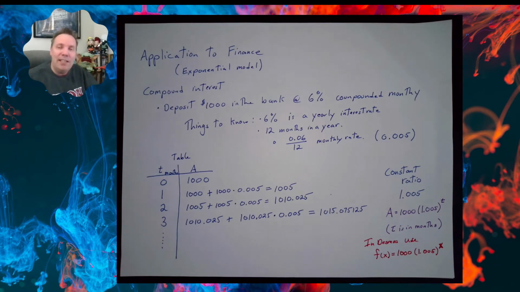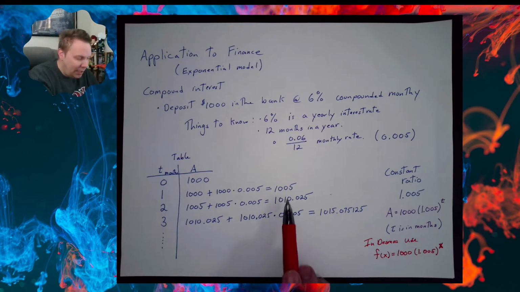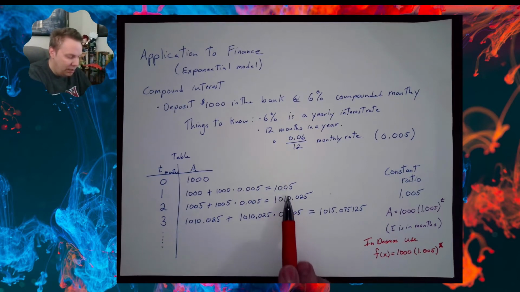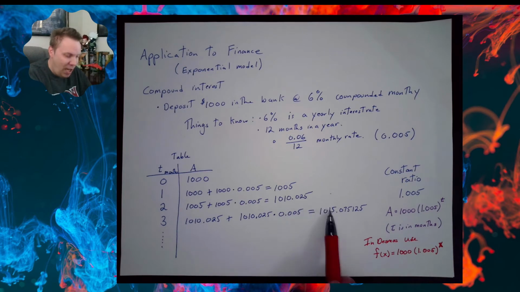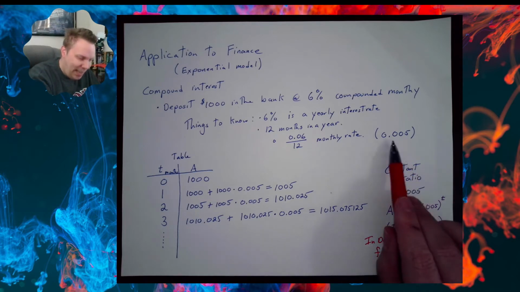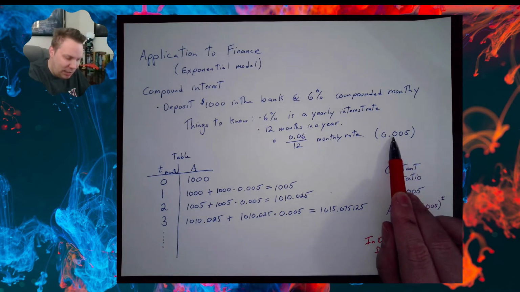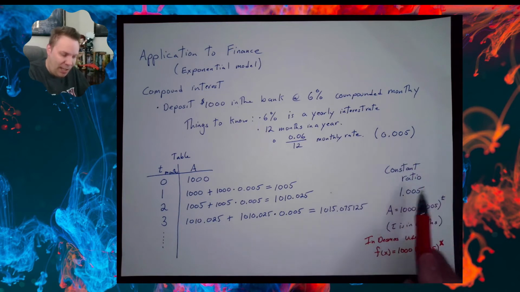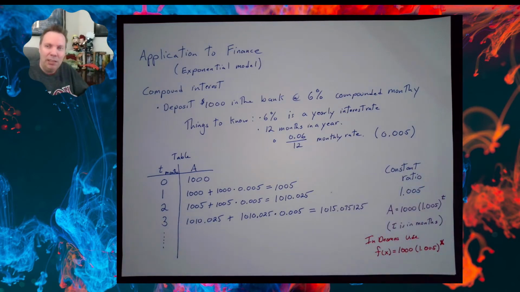So why is this an exponential model? Well, if I look at this division and this division, I wind up getting a constant ratio of 1.005. But that was just 0.005, and it's adding 1 to it.